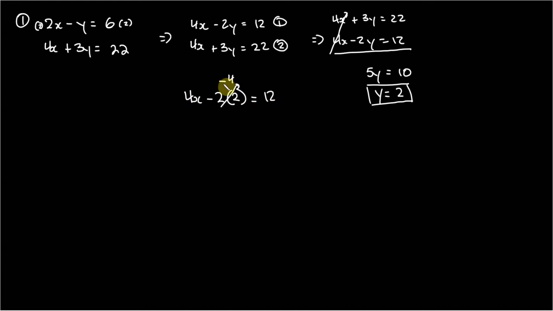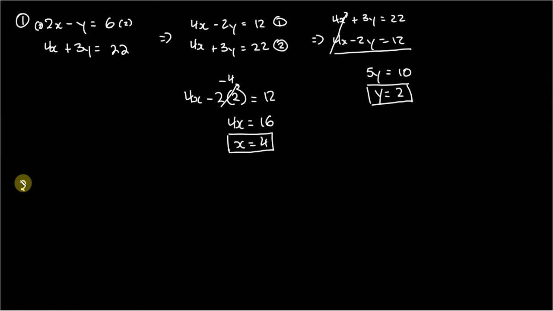We add 4 to both sides, and we get 4x equals 16. Divide by 4 on both sides, and we get x equals 4. So the point of intersection of these two lines is at (4, 2), so x equals 4, y equals 2. And if you were to graph that, you would see that the two lines intersect precisely at that point.